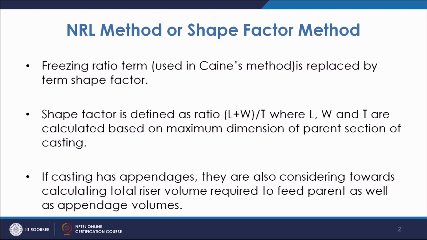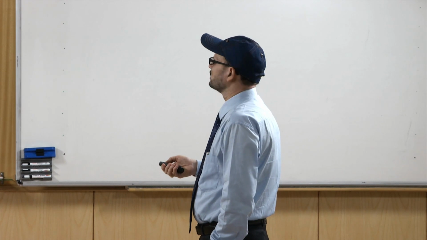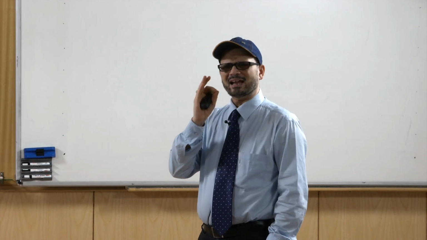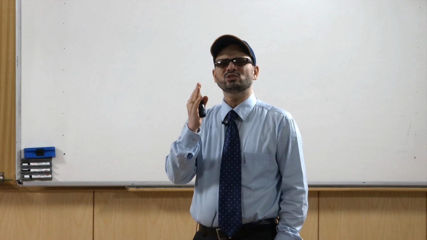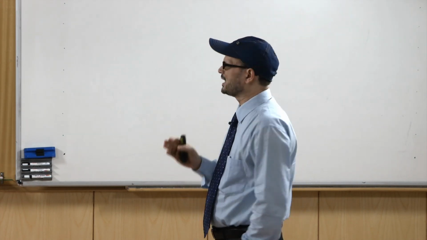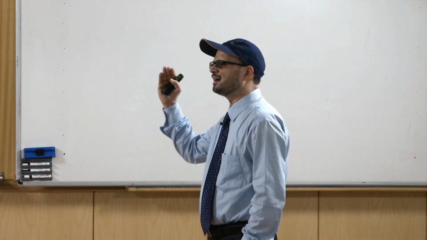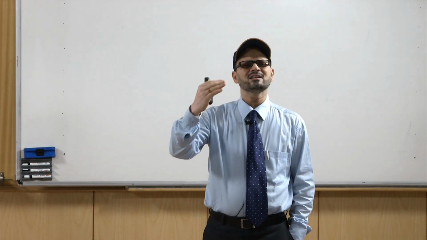In that, first of all we calculate L plus W by T, that is the shape factor of the casting, and then based on the proposed curve, against that L plus W by T value, on the y axis you get the volume ratio, that is volume of riser to volume of casting, and from there you can directly get the volume of riser which is required to feed a certain casting.